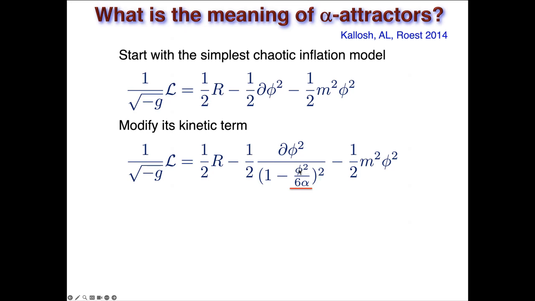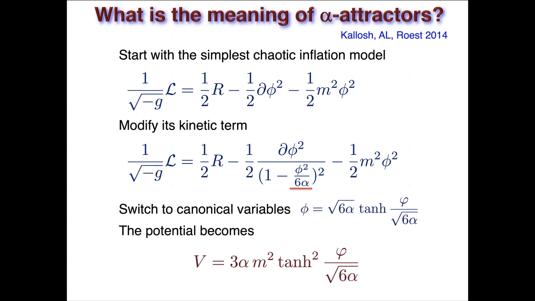If phi becomes equal to the square root of 6 alpha, then you have a singularity there. But this is not a dangerous singularity, because if I go to canonical variables, this term is replaced by a kinetic term which looks canonical in terms of this field variable phi, but the potential becomes like a hyperbolic tangent.